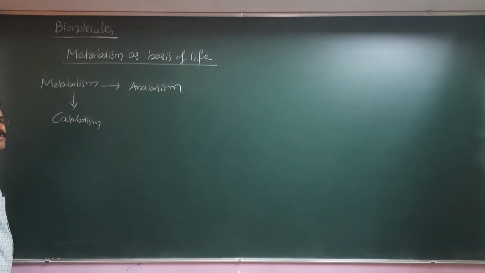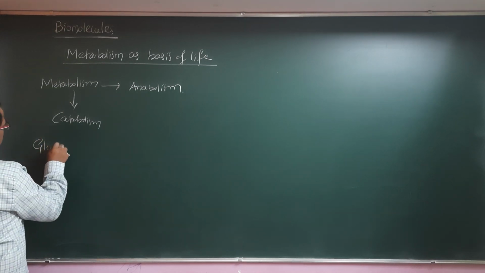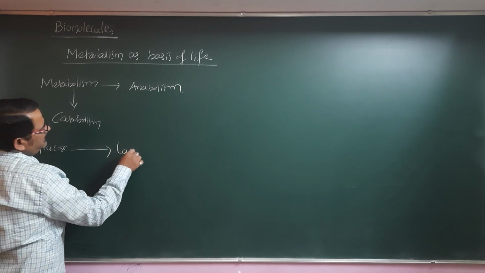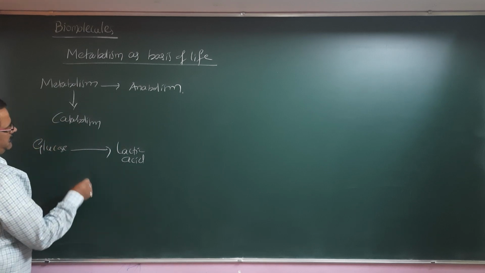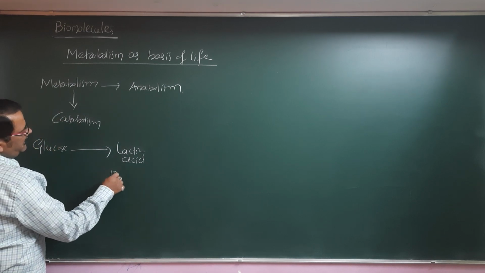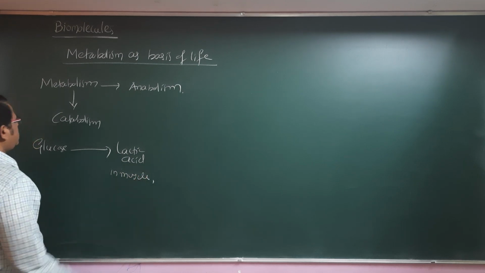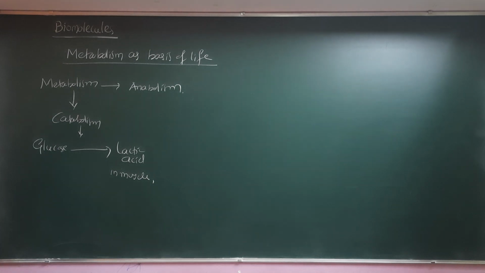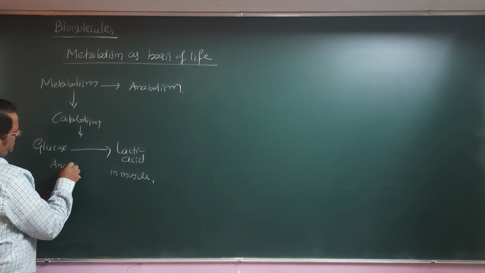So for catabolism, a simple example, let me tell you: glucose is broken into lactic acid in the muscles. So this is what we say catabolism. Glucose is broken into lactic acid. So it's a kind of anaerobic mechanism.